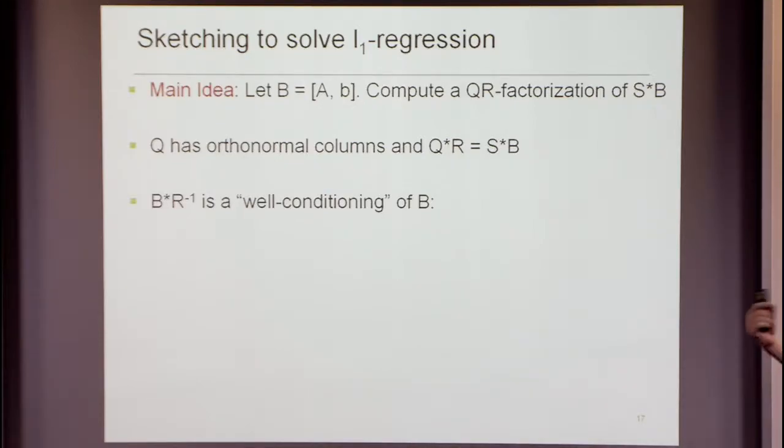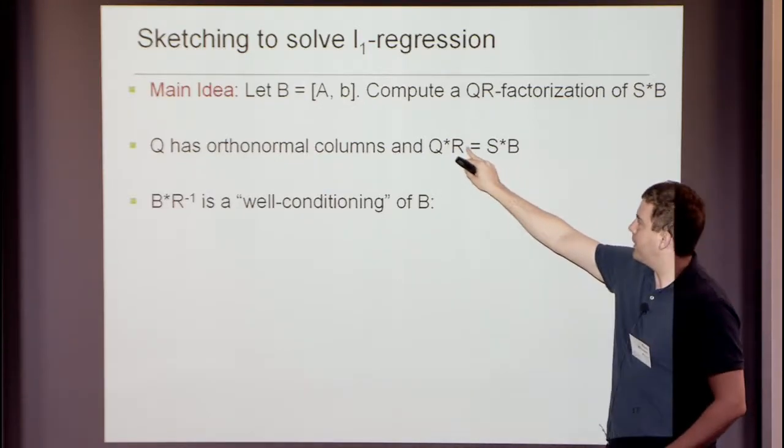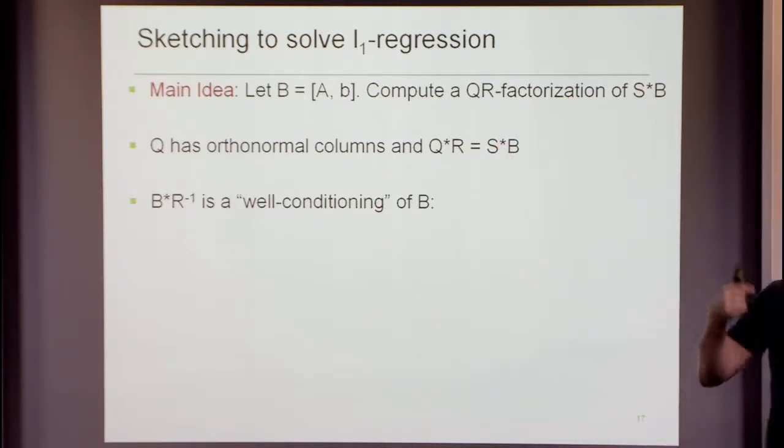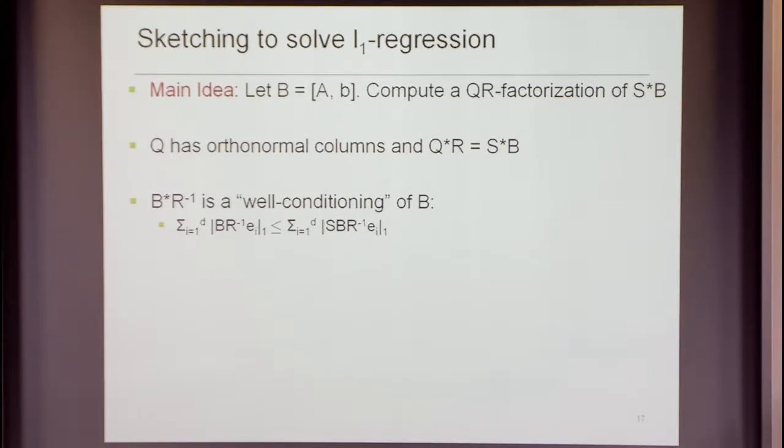But now I'm saying use this change of basis matrix R found in the sketch space in the original space and see what happens. Does B R inverse have certain nice properties? Okay, so it has the following two properties, which might look a little bit weird, but I'll explain what they mean.